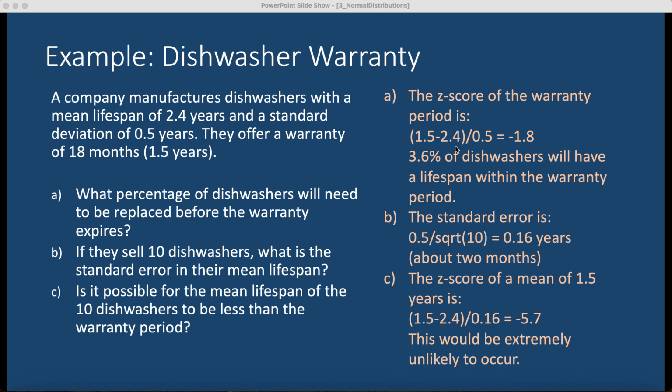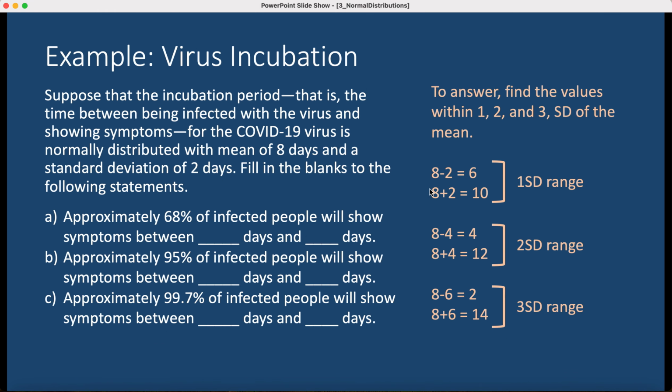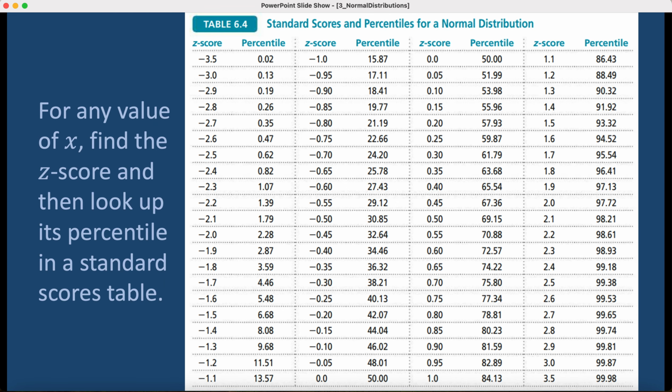This is something we'll use all the time throughout the rest of the semester. So this z-score formula is really important. You want to know and understand it very well. So value minus mean, divide by standard deviation gives us minus 1.8. Then we have to go back to the z-score table, or we could calculate it in Excel, but we can look this one up in the table. Minus 1.8, that's a percentile of 3.6.